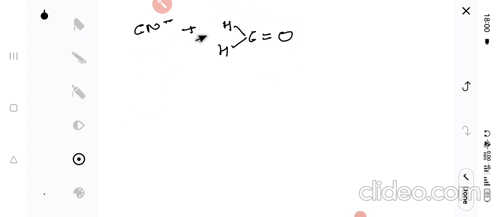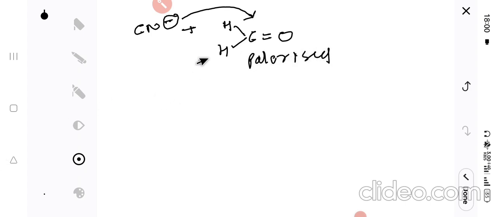There is no charge on the formaldehyde molecule, right? But when this charged species, meaning the negative charge, comes close to this formaldehyde molecule, then it becomes polarized. It becomes polarized. Meaning the second requirement is polarization, meaning dipole.